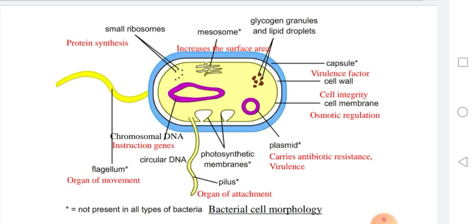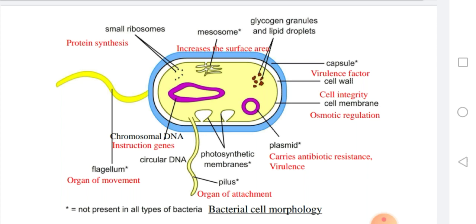In the extreme left-hand side, the flagellum. There can be many flagella. Flagellum is an organ of movement. It is found in some bacteria. You go to the right, the pilus. There may be pili, very many of them. The pilus is an organ of attachment found in some bacteria.